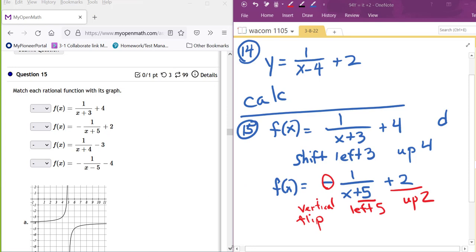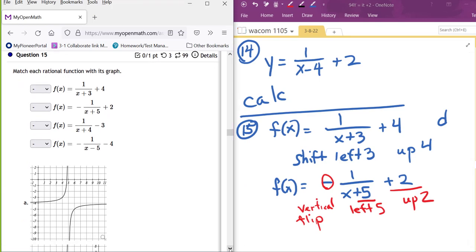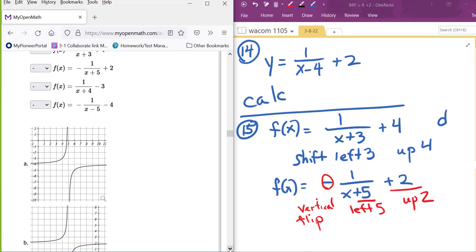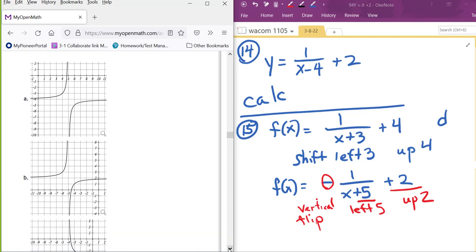So A is flipped, but it has moved to the right, not to the left. So let's see. B has flipped, and it is moved to the left 5 units. Here's your vertical asymptote.